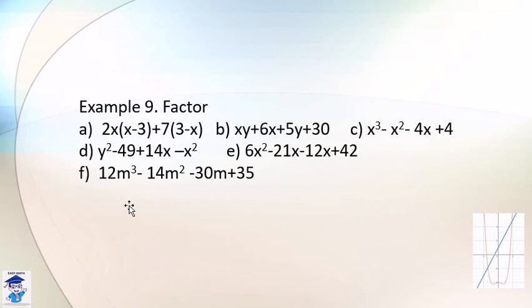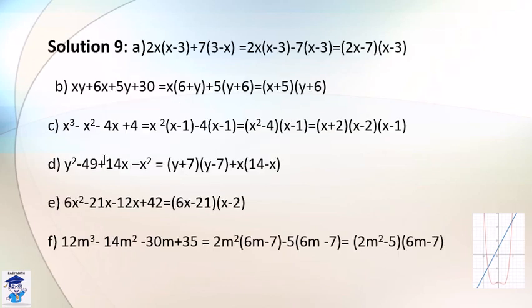And example 9, factor. There are 6 questions. And question 8, the solution. 2x times x minus 3 plus 7 times 3 minus x.